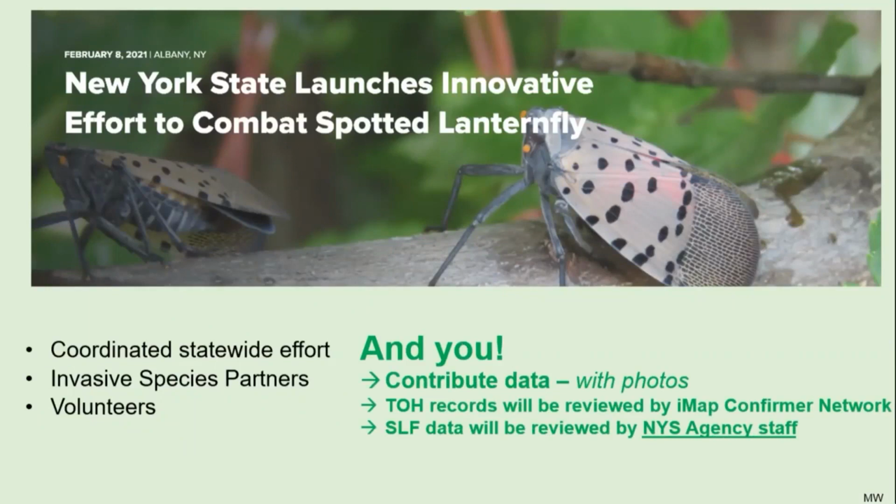And so all of you are very essential to this effort. One main role that the general public takes in monitoring invasive species is reporting, contributing data where you find invasive species with photos, and those then get reviewed by iMapInvasives confirmers as well as agency staff in terms of spotted lanternfly.